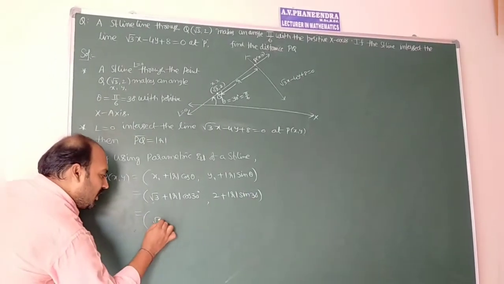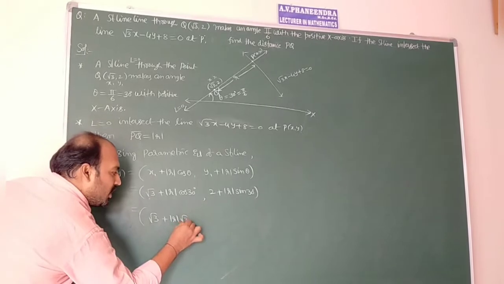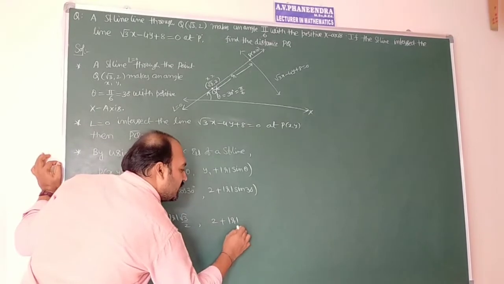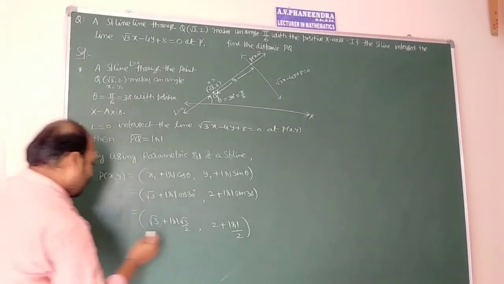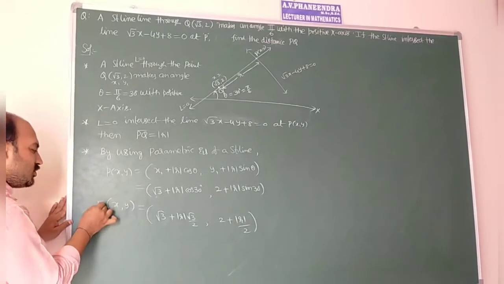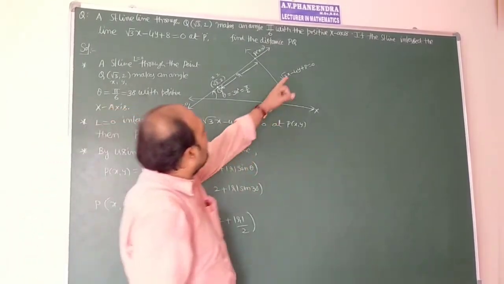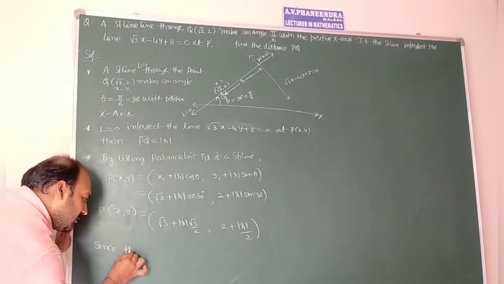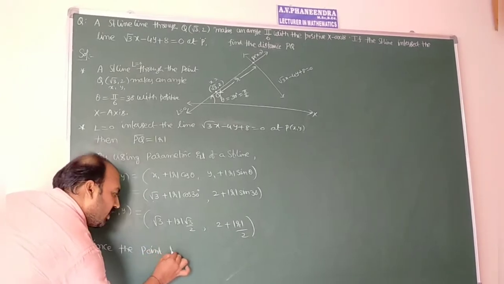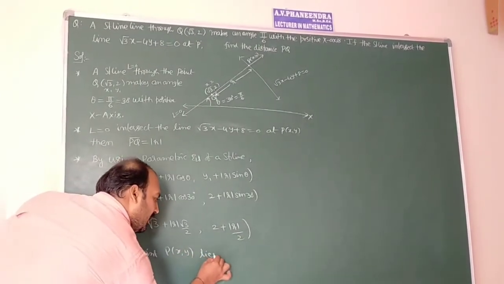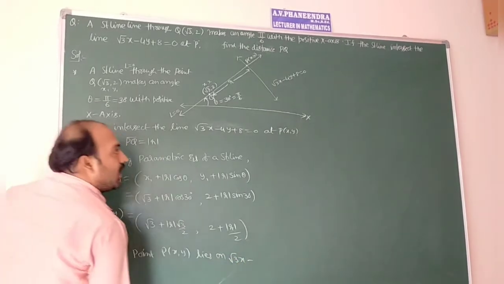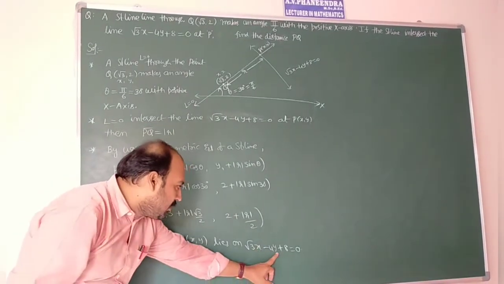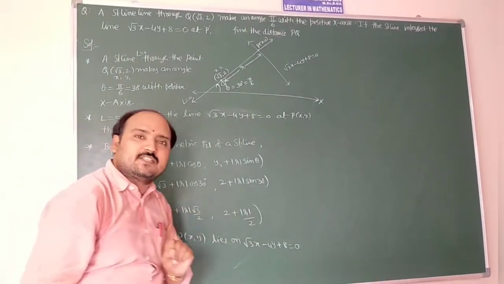It is equal to root 3 plus mod r into root 3 by 2, comma 2 plus mod r into sin 30, 1 by 2. This is x comma y. Once you observe, the point P of x comma y lies on this line also. So, since the point P of x comma y lies on root 3x minus 4y plus 8 equal to 0, in place of x comma y you have to replace this value as well as this value.